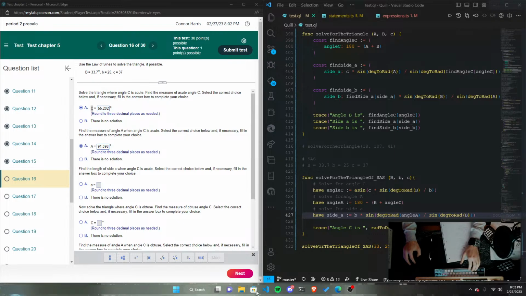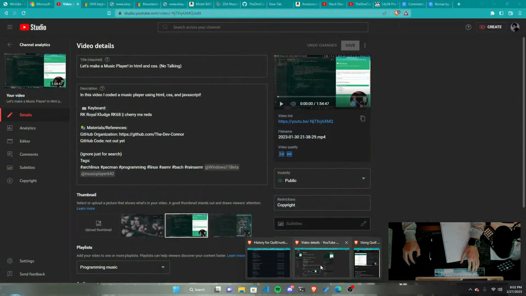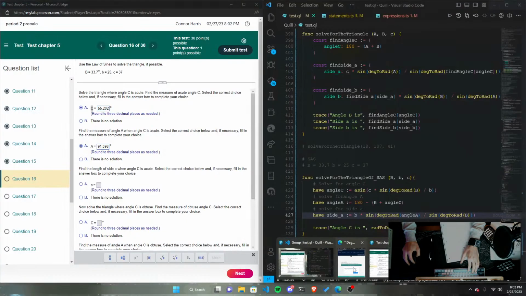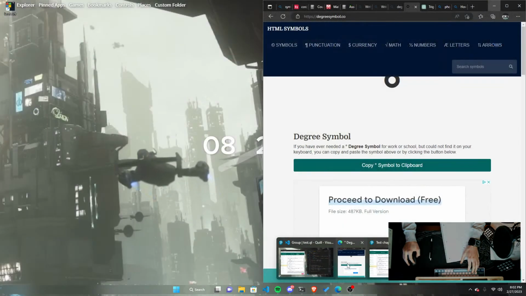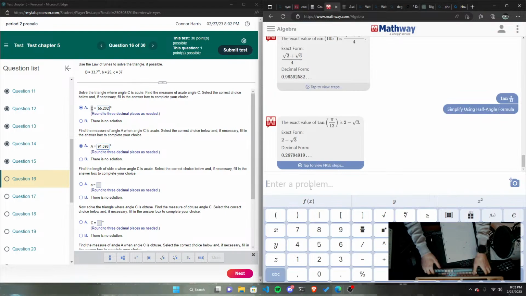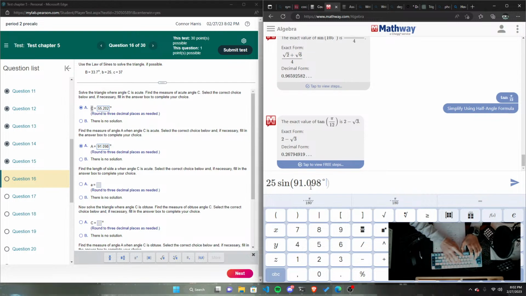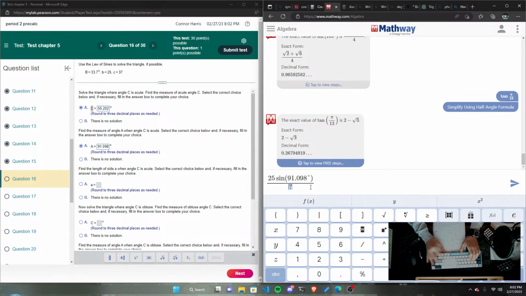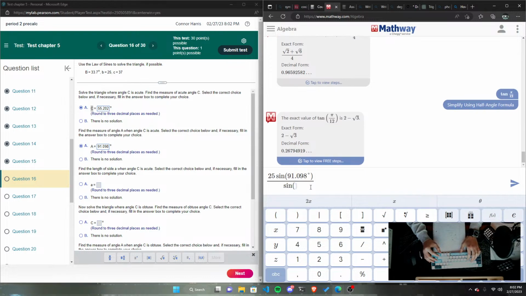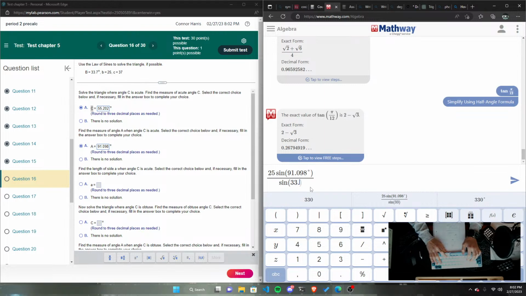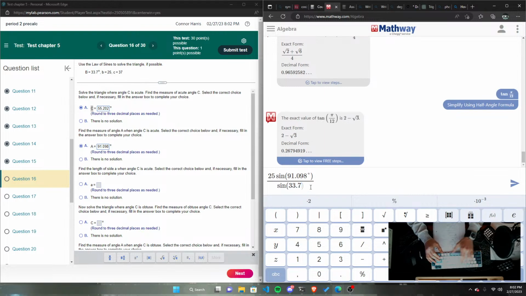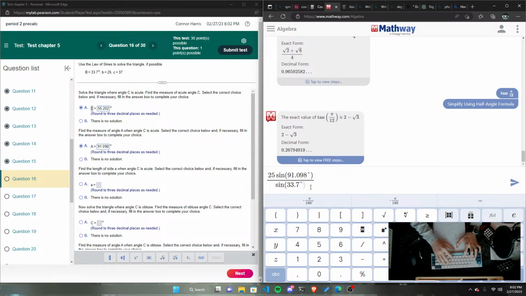Let me just fact check this with Mathway. Alrighty, so we have 25 of sine 91.098 degrees divided by the sine of 33.7 degrees.